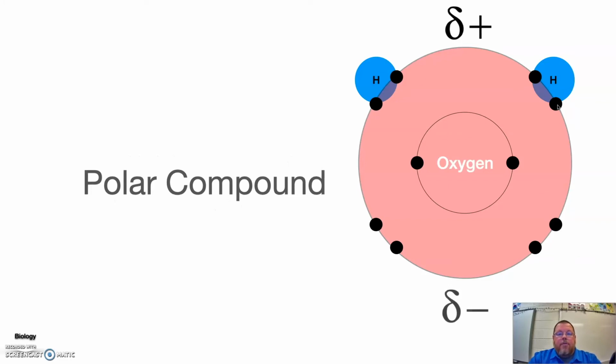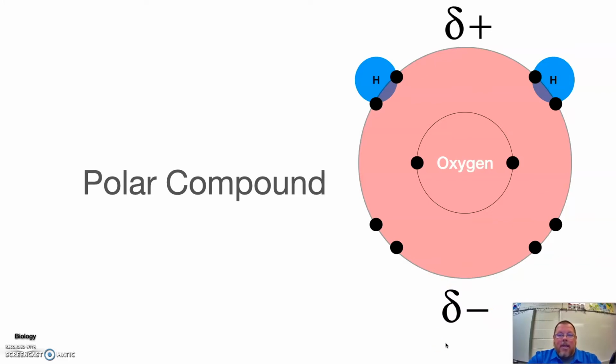What's going to result from this is something we call a polar compound. So if you notice up here, we've got a positive charge, and down here we've got a negative charge, and this is because these electrons that are in this outer shell here are going to actually be spending more time with this oxygen atom. This is because oxygen is more electronegative.